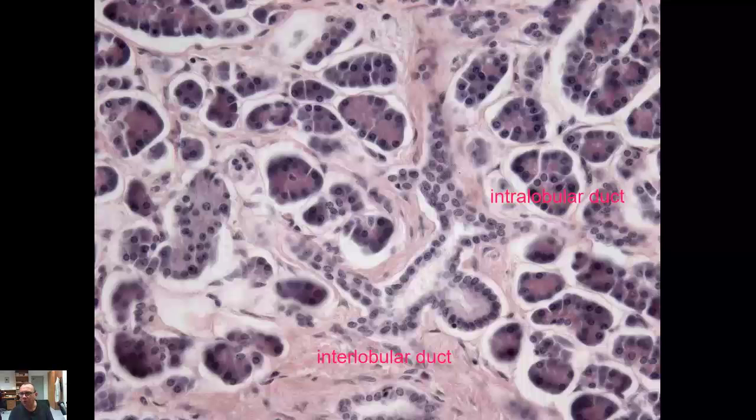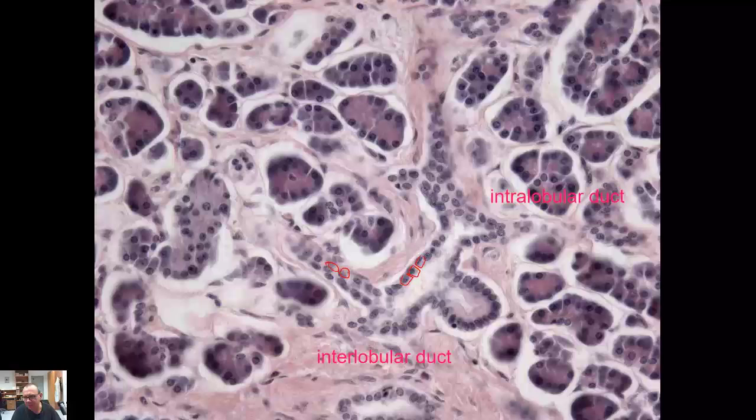When you go to the bigger ducts, for example here, it's possible to see how the simple squamous epithelium is gradually increasing its height. Here it's still squamous, here it's cuboidal.